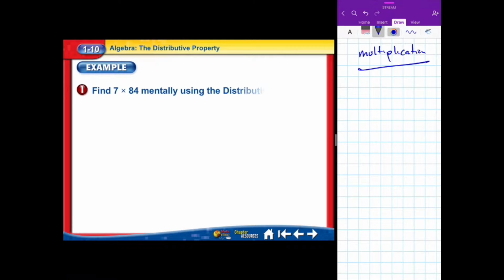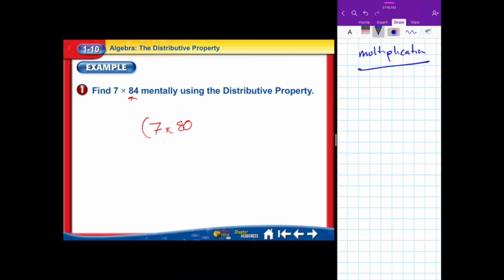All right, so here's our first example: 7 times 84. So this is where I'm talking about it gets harder. What I'm going to do is take my 7 and multiply that by 80, because I have an 84.